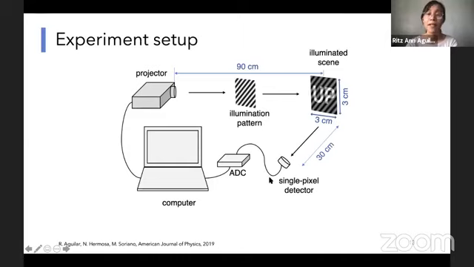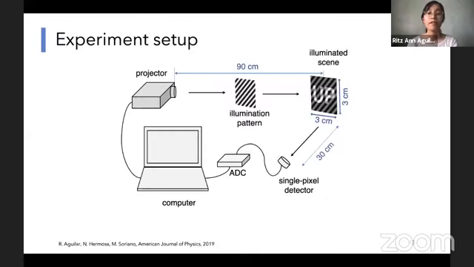For each pattern, the light signal is collected by the single pixel detector, and the analog signal is converted to a digital signal using the Arduino board. From the correlations of the structured patterns and the signal collected by this LDR, you can combine all of these signals to retrieve the image of the scene.